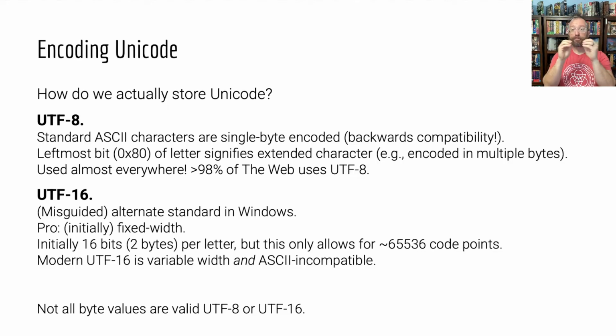So there are gaps in the numerical values that are valid Unicode. And if you just pick up a bunch of random bytes and try to decode them as UTF-8, you might not have a valid UTF-8 string, a valid UTF-8 character there, which comes into play, and we'll actually explore this later on in the lectures.